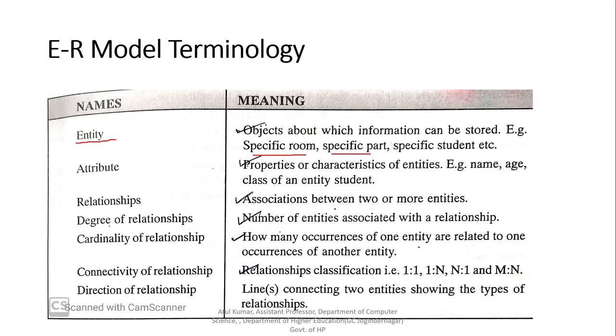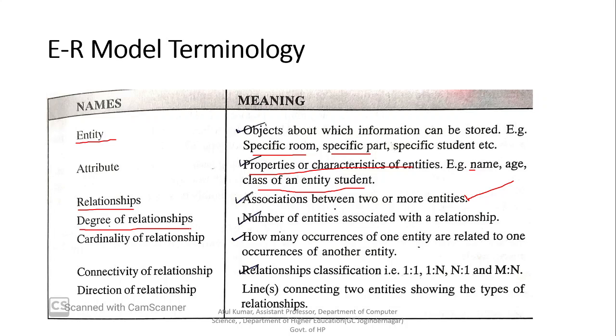Attributes are the properties or characteristics of the entities. For example, name, student, and class are all properties of the entity student. The next important terminology is relationships. It is basically the association between two or more entities. How the two or more entities are related to each other is called a relationship.